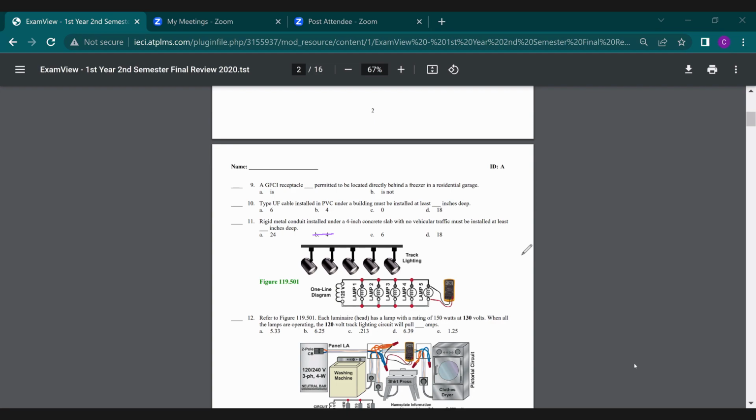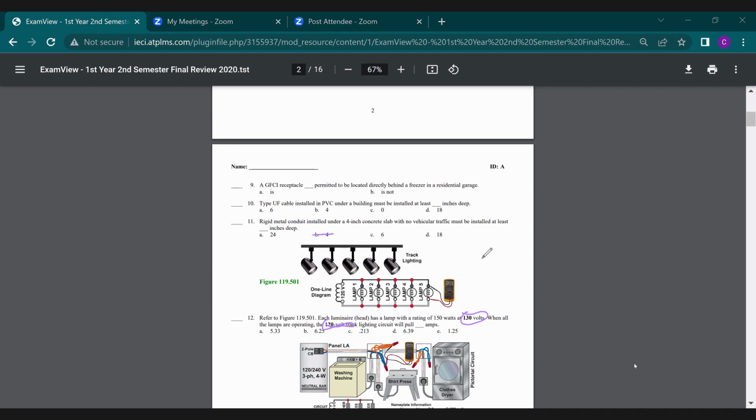Alrighty, popping on to number 12 here, refer to the figure above. Each luminaire or head has a lamp with a rating of 150 watts at 130 volts. When all lamps are operating at 120 volts, the current will pull blank amps. In this question, we have a nameplate voltage of 130 and an applied circuit voltage of 120.